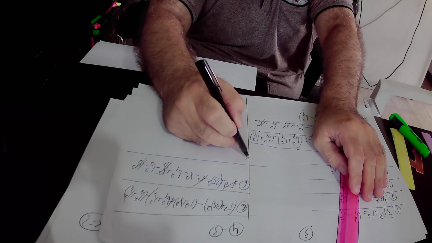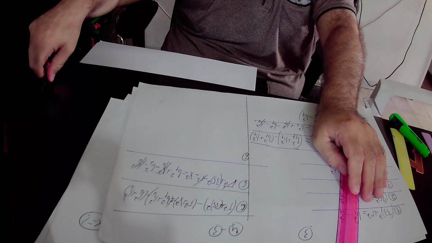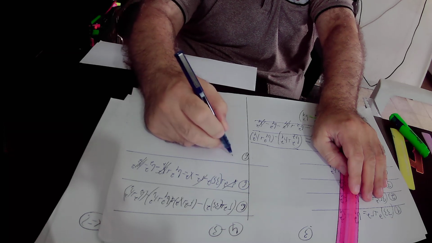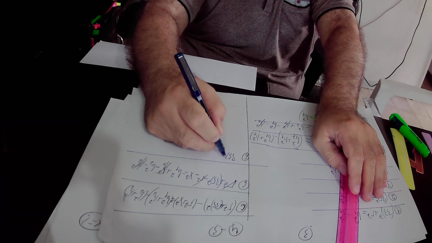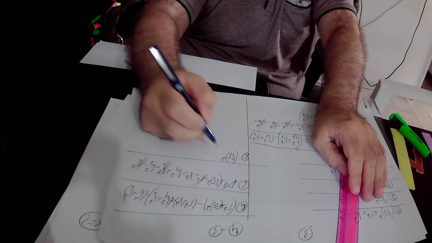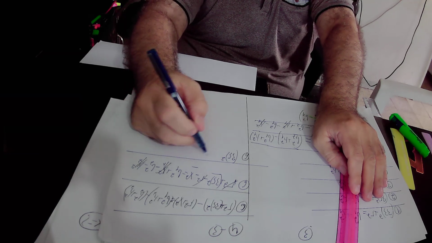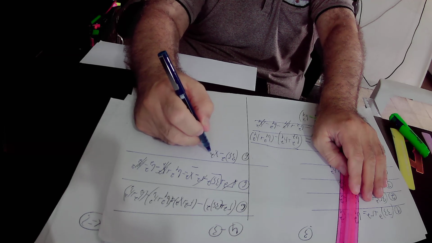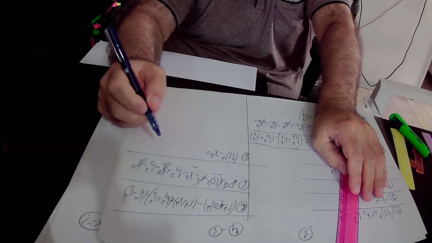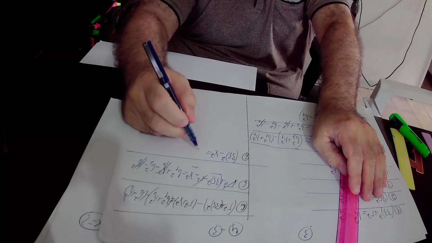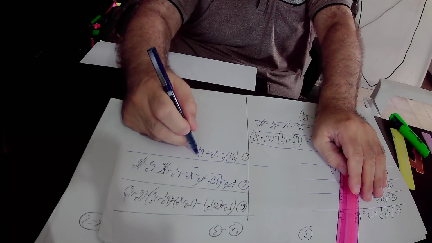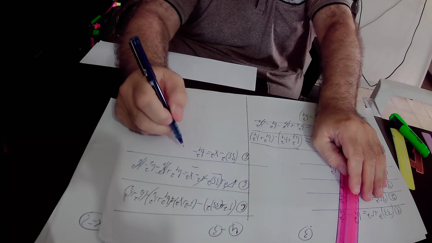For equation number 6, on this side of the equation we are left only with 35 squared minus x squared, that is equal to b1 squared minus b2 squared.